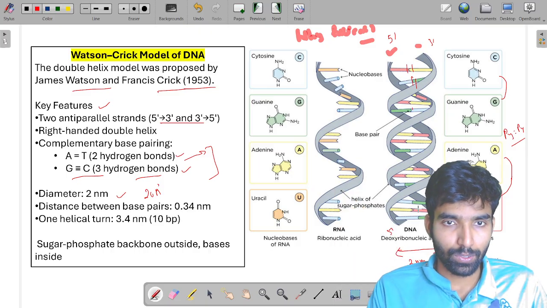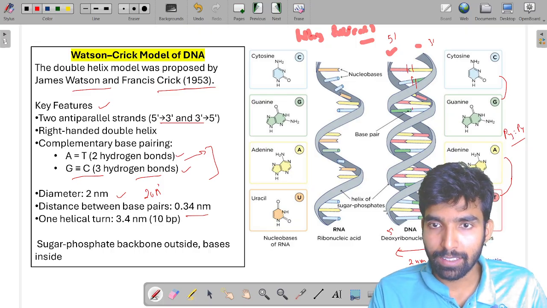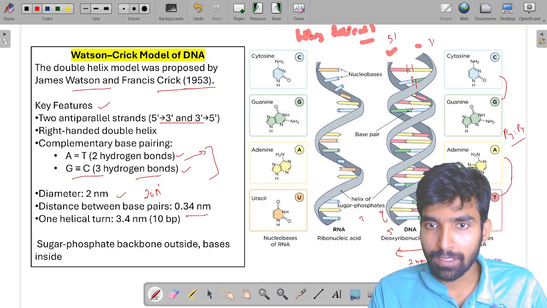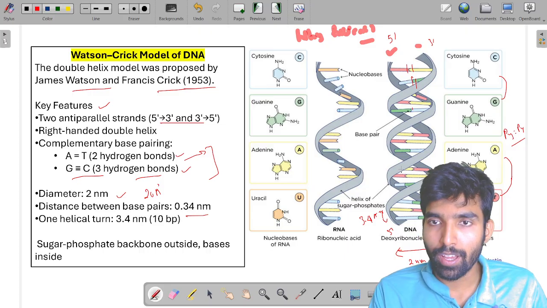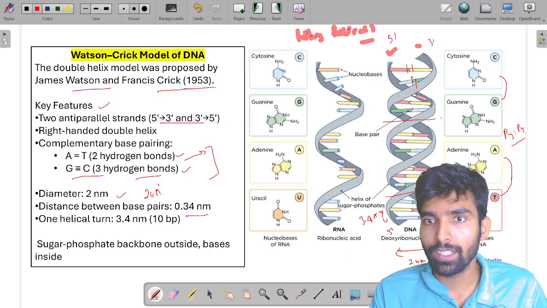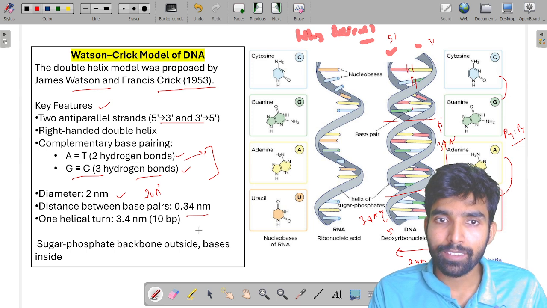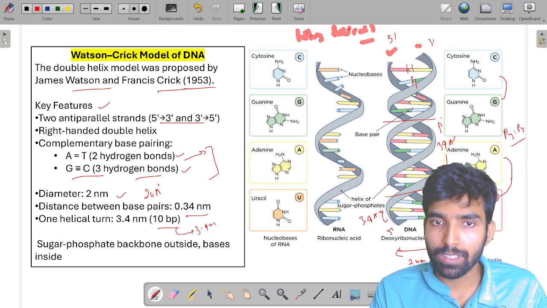The distance between two base pairs is 0.34 nanometer, that means 3.4 Angstrom. In one exact turn, there are 10 base pairs, approximately 3.4 nanometer or 34 Angstrom.